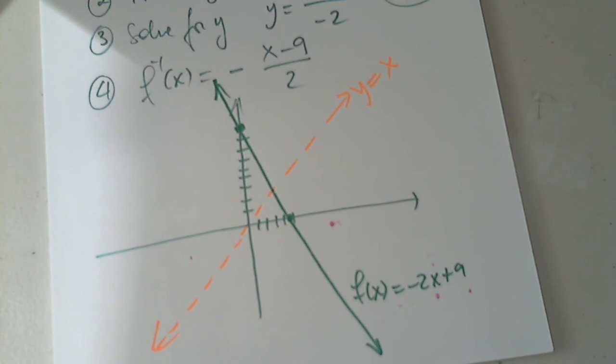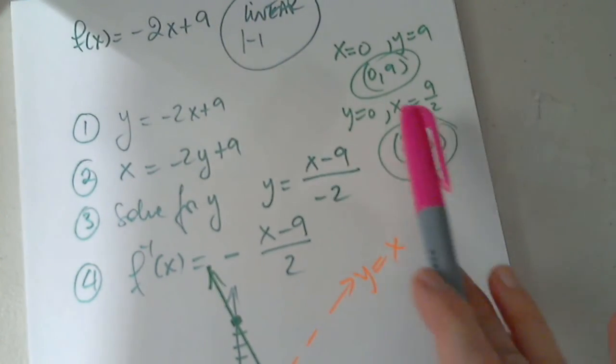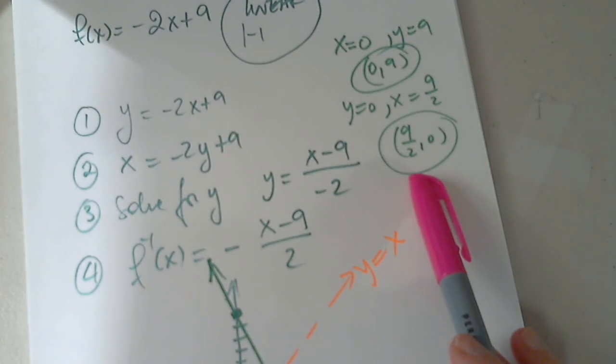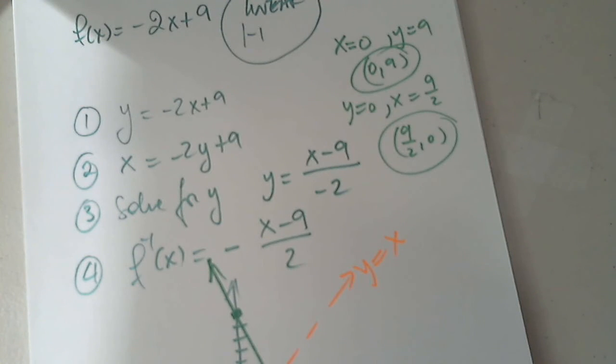Can anyone, without any calculations, give us two ordered pairs that belong to the inverse function? This is the inverse function, but we don't need any calculations to determine 2 points for the inverse function. Can anyone give us 2 points? If the original function has 0, 9, and respectively 9 halves, 0, what would the points be for the inverse function?